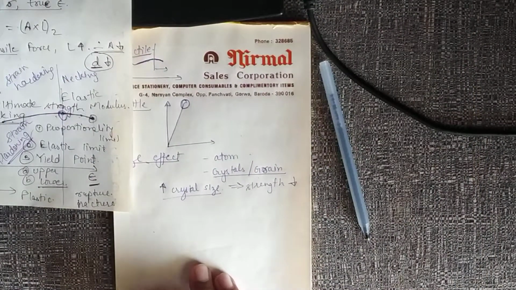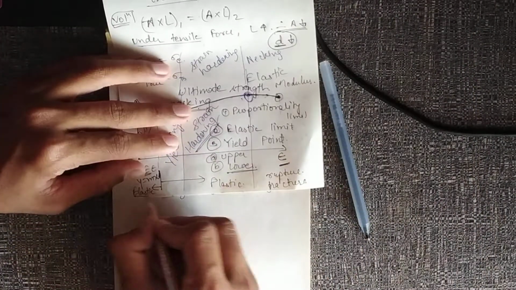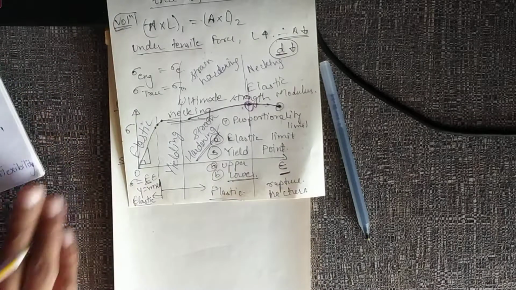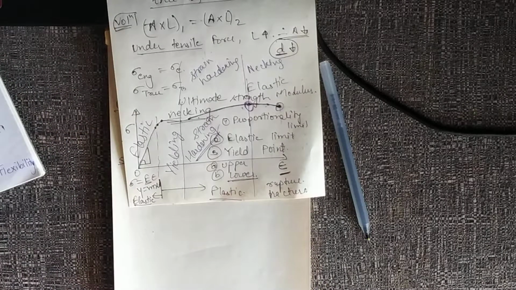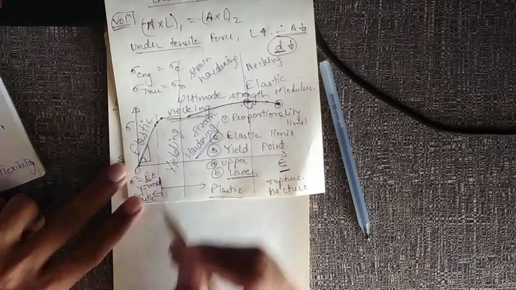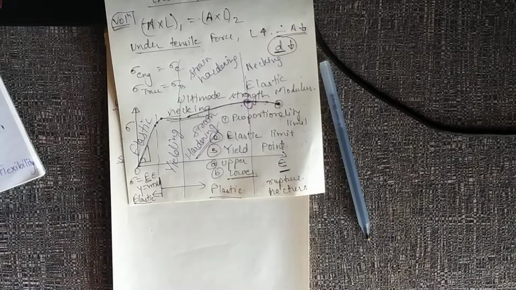Now, I described plasticity and elasticity, so let me clear that once more. Elasticity is the material property which enables the body to regain its original shape after the loading has been removed, and it is required to study structural constituents.